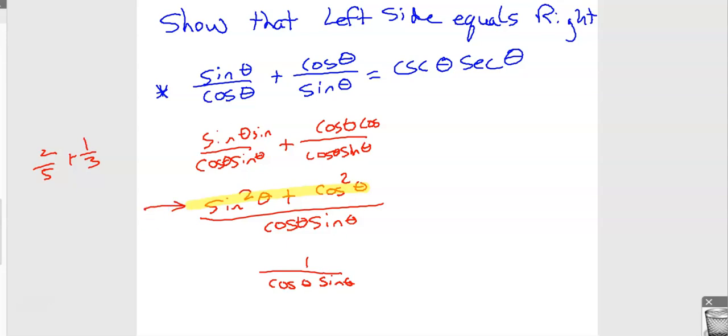And that is 1 over cosine times 1 over sine, which is secant times cosecant. And the left side equals the right side.